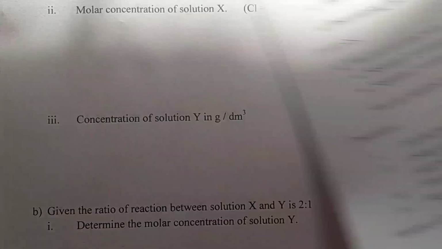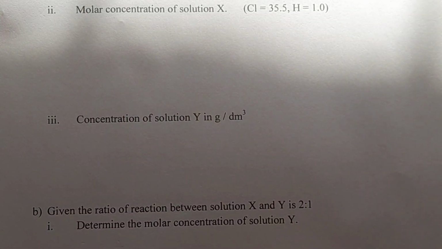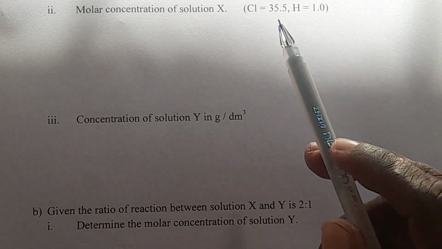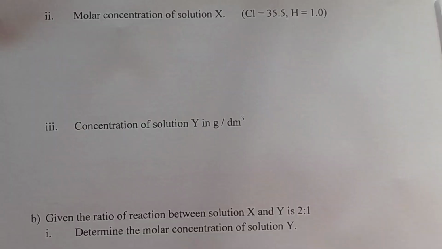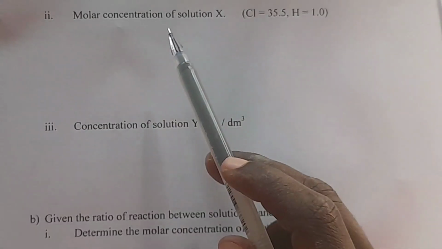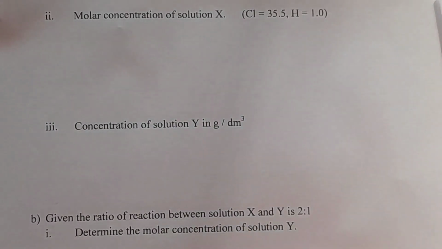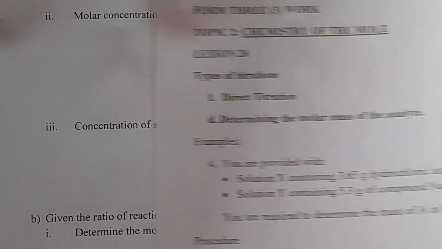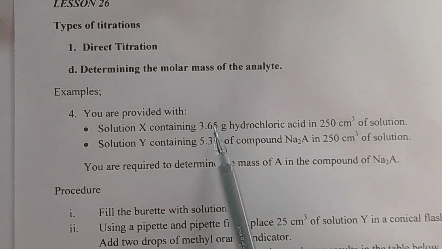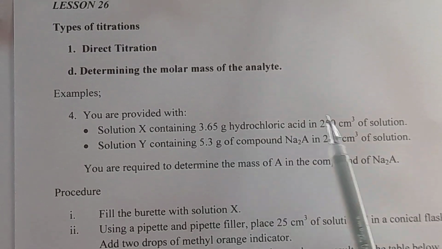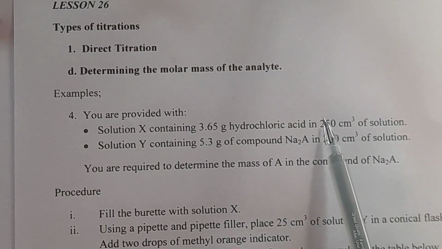Then we go next. We are told to find the molar concentration of solution X. We are given the Ar of chlorine to be 35.5, and the Ar of hydrogen to be 1.0. To get the molar concentration of solution X, we first need to know what we are given on solution X. We are given the mass of hydrochloric acid in 250 cm³ of solution.